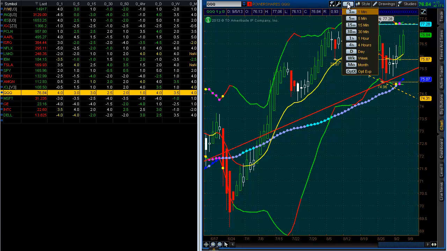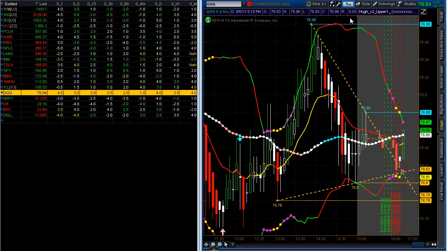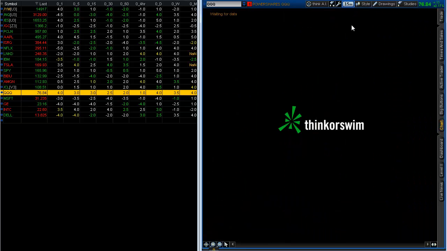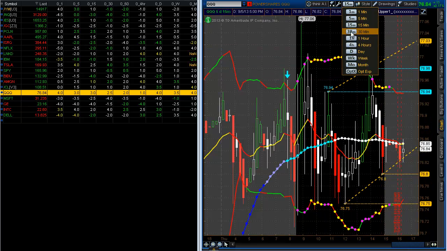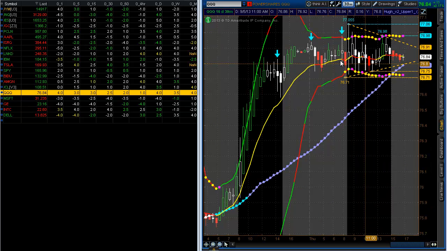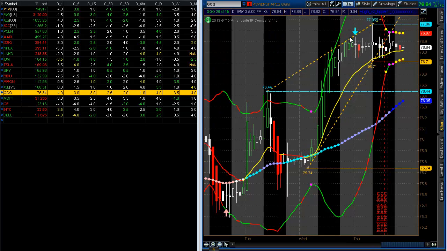Now I can go down to the 5-minute, and you can see it's also in a compression squeeze. The 15-minute, the 30-minute, the 1 hour, and then we saw the daily earlier. So that's a couple: the NASDAQ 100 and the QQQ. Then also we can look at ES real quick.